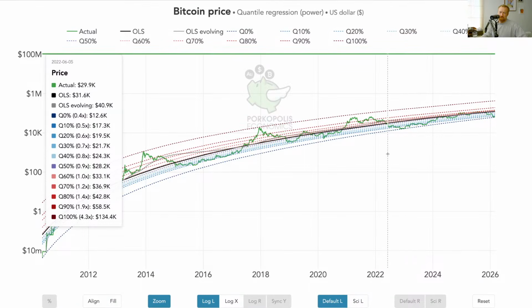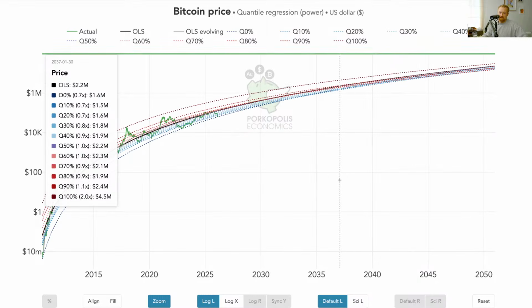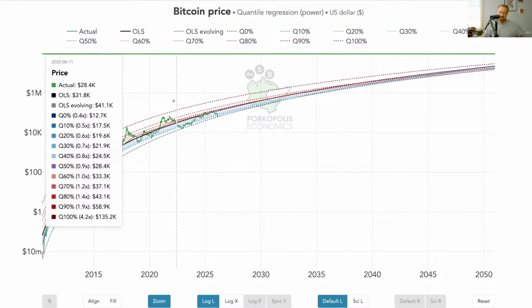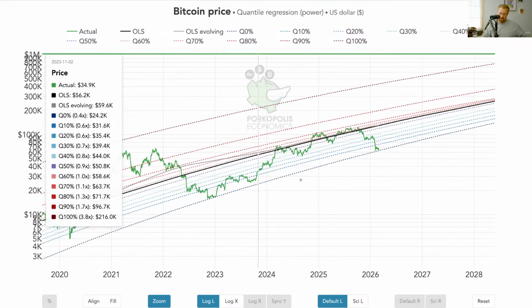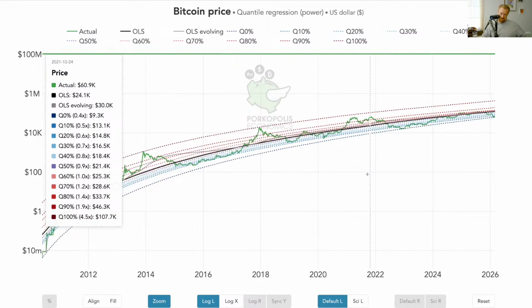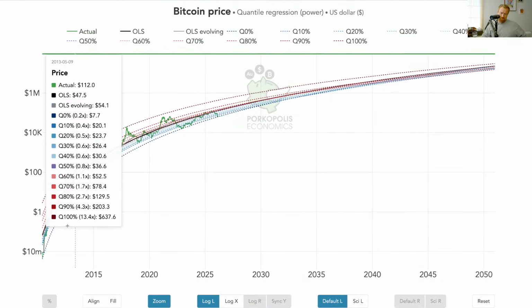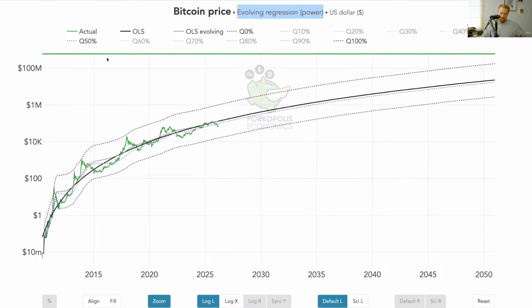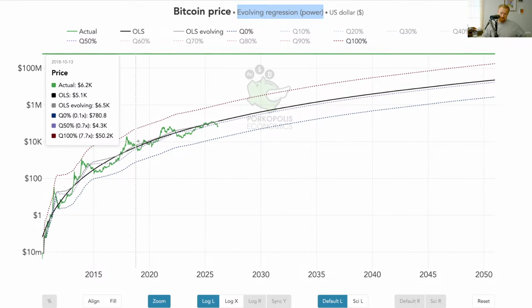I don't have too much more for you guys on a Monday morning here, but I would say I keep trying to think of the best way to educate on the power curve, help people relax a little bit, touch grass. Again, Bitcoin moves closer to the black line, okay?